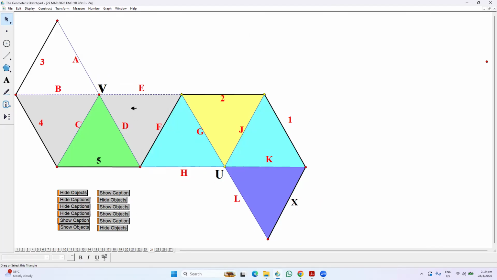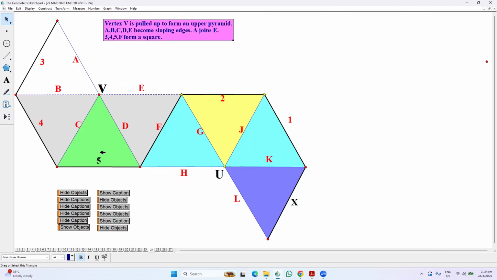Then we have the 2 important vertices. We start with the vertex V. Vertex V is pulled up to form an upper pyramid. The edges A, B, C, D, E become sloping edges. V is the vertex of the pyramid.